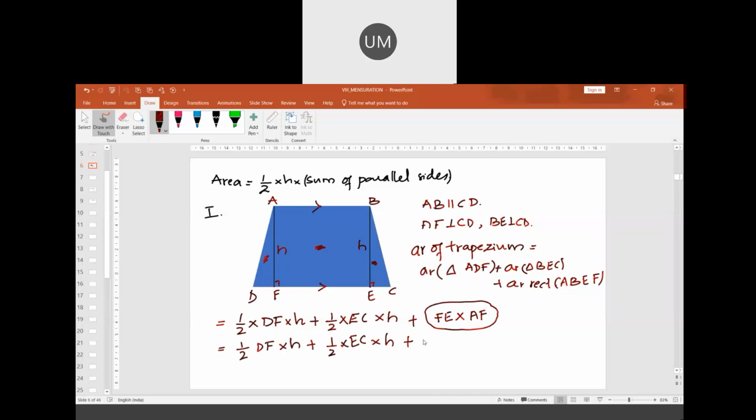I will write it as half of FE into H plus half of FE into H. The reason is we need to get the sum of parallel sides. AB should be written in one of the places. So we are going to replace one of FE as AB.